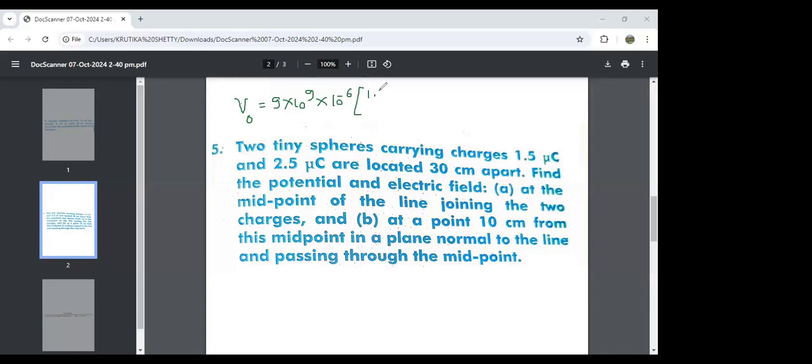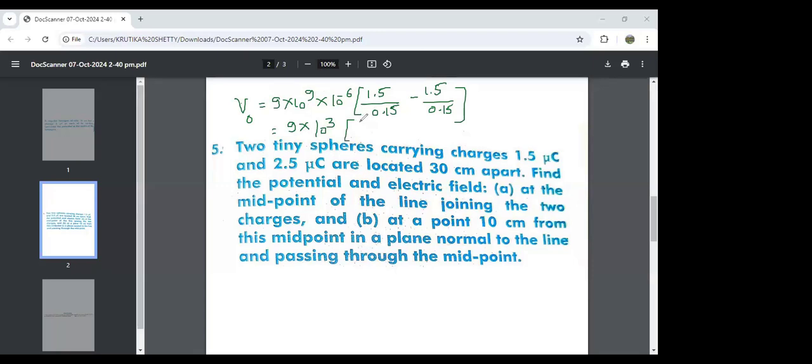Inside the bracket we have 1.5 upon 0.15 minus 1.5 upon 0.15. So this is nothing but 9 into 10 to the power of 9 and minus 6. So 9 minus 6 will be 10 to the power of plus 3.